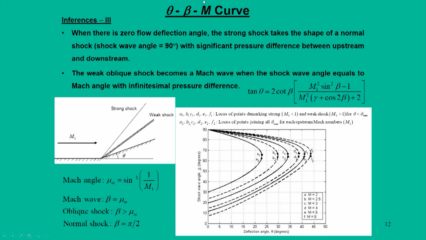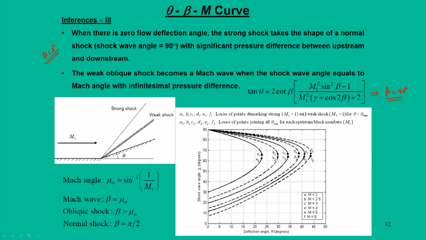Then next inference, at 0 flow deflection angle, that means when theta is equal to 0, this solution will give you beta to be 90 degree.